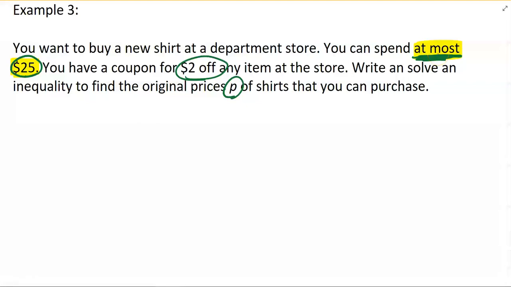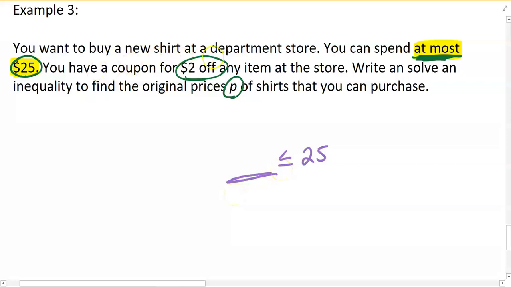You can have at most 1 soda a day if your parents so choose, right? So at most means that you cannot be bigger than it. And so the number that is going to be on the left has to be less than or equal to the value that we're told. That's going to be the number on the right. So the 25 is what's on the right. Everything else will be on the left and has to be smaller than or equal to that value.